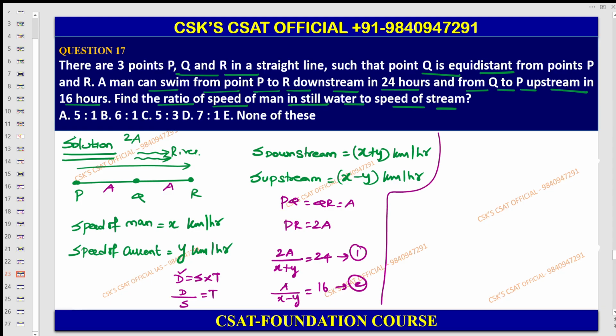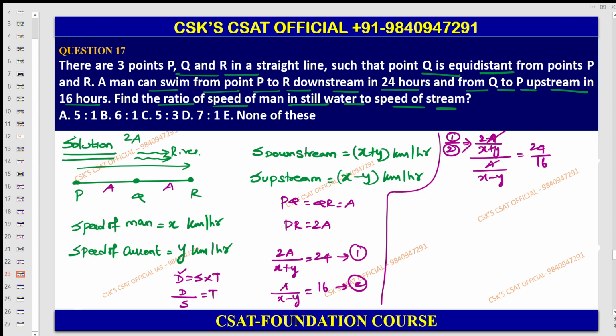Now you can divide 1 by 2. What happens here? 2a by x plus y, divided by a by x minus y, which is equal to 24 by 16.